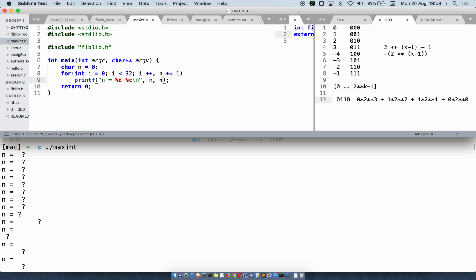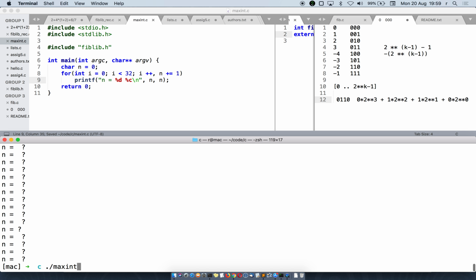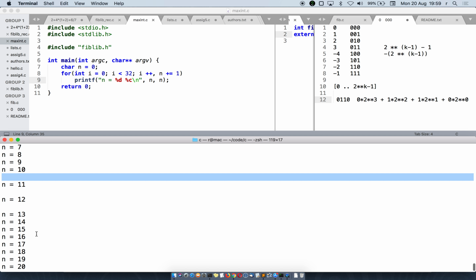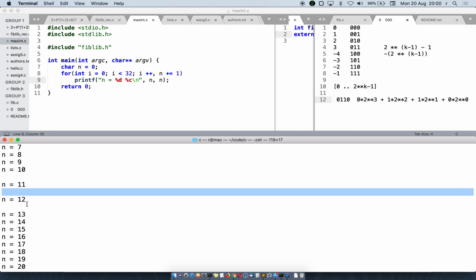So let's do this. But let's try to infer some stuff. Right, so you see when you have n equals 10, there's this line in between. And there are several places where that happens.